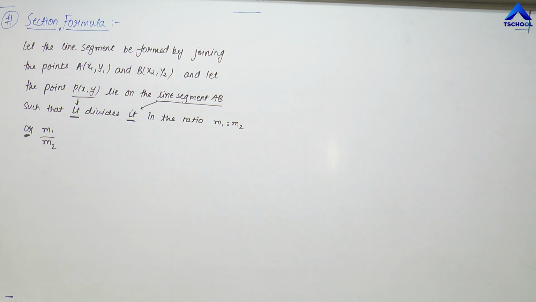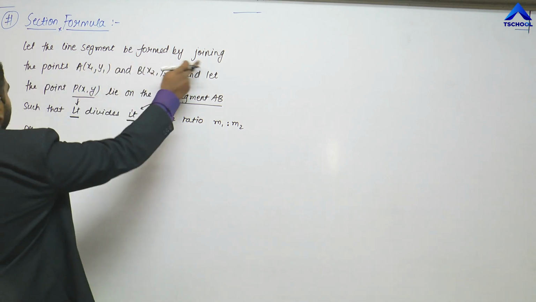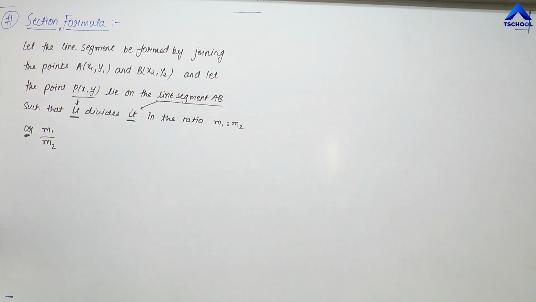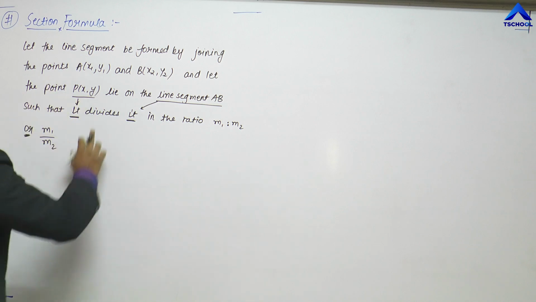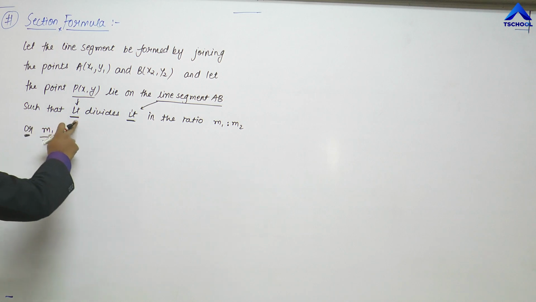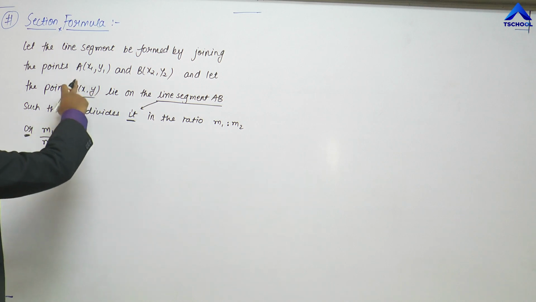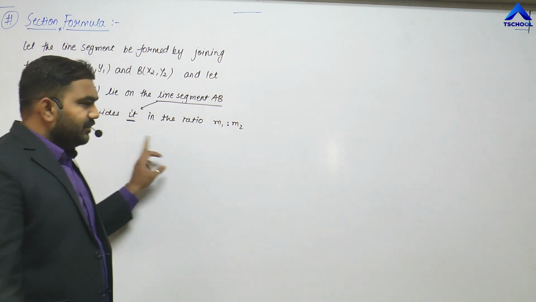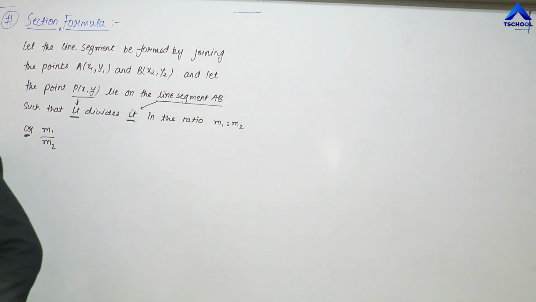So let the line segment be formed by joining the points A (x1, y1) and B (x2, y2), and let the point P (x, y) lie on the line segment AB such that this point P (x, y) divides the line segment AB in the ratio m1 is to m2 or m1 upon m2, right?